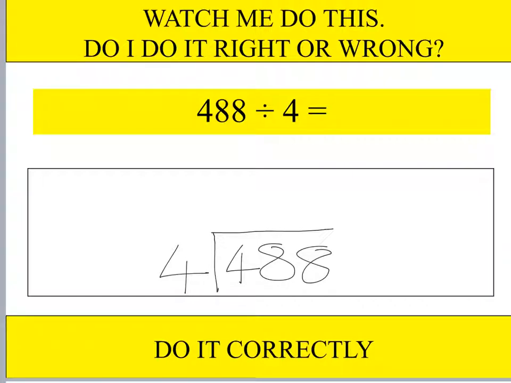I start on the right hand side, and I have 8 divided by 4. 8 divided by 4 is 2. Then I move across to the middle digit, and I do 8 divided by 4, my answer is 2. And then I move across to the left hand digit, and I do 4 divided by 4, which is 1.